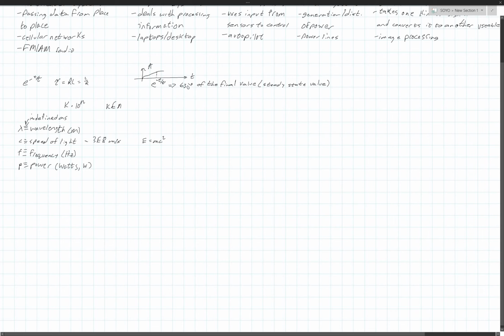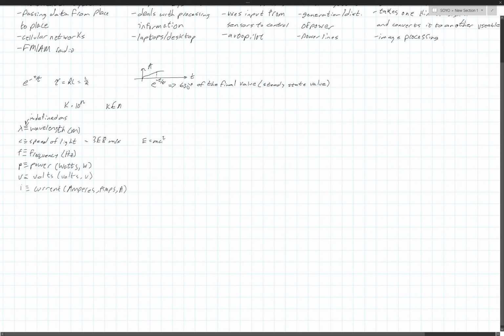Volts are denoted by a lowercase v. And we've got current, denoted by a lowercase i, which is in amperes, which most people call amps, denoted by the capital letter A.